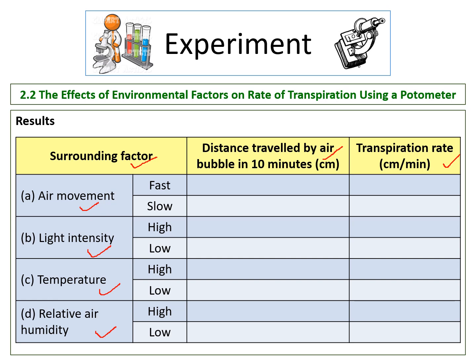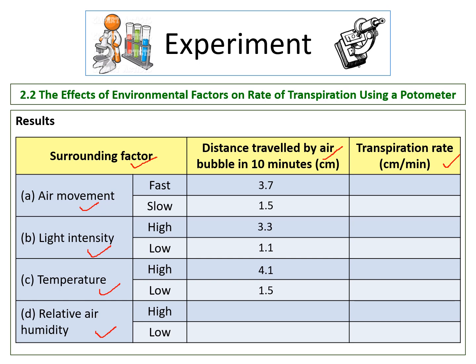Here are the expected results. When air movement is fast, the distance traveled by a bubble is 3.7 centimeter. When air movement is low, 1.5 only. High light intensity, 3.3. When low light intensity, 1.1. High temperature, 4.1. Low temperature, 1.5.